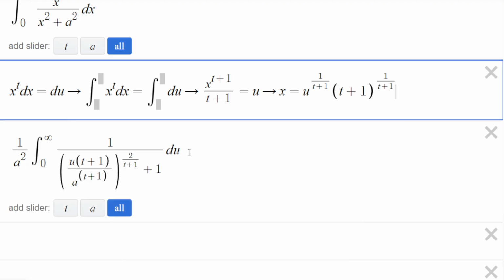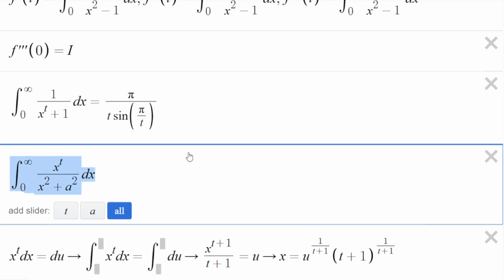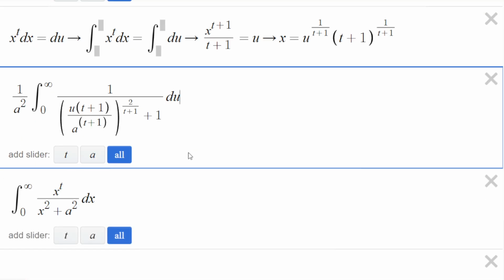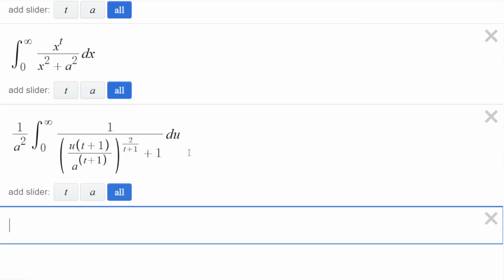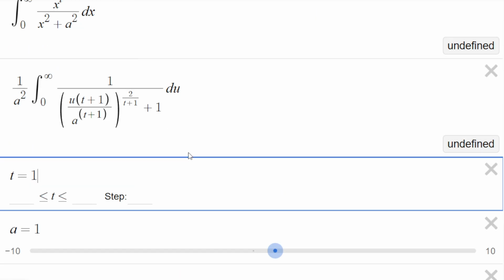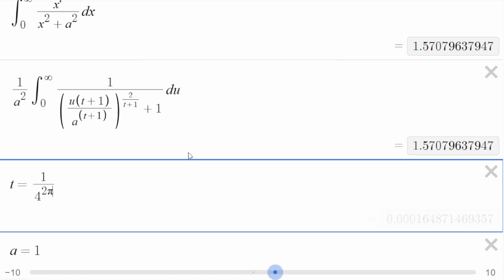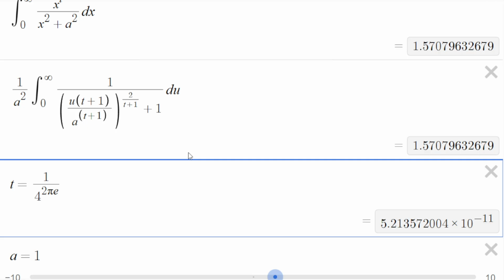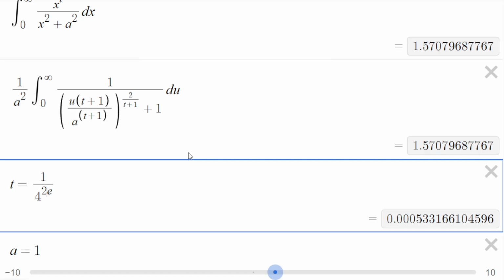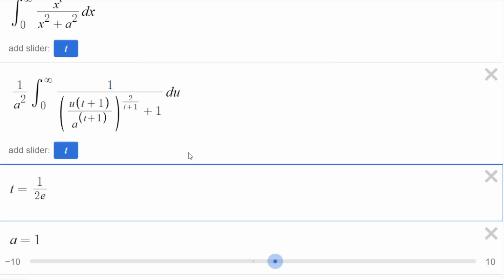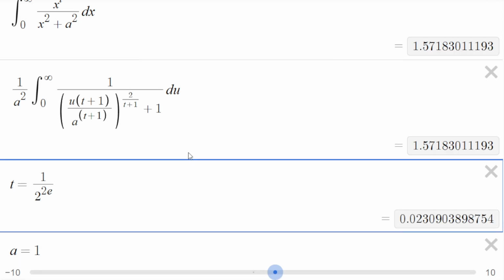Okay, let's check. So we have this expression and we have this expression. Let's make sure they're equal. Let's let t equal 2e, and we'll just say that this is pi over 2.